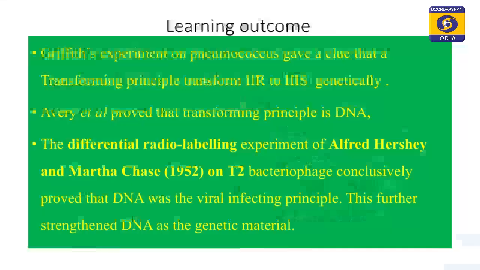So, now Griffith's experiment, let me tell you, Griffith's experiment was a serendipitous or surprising discovery. He did not aim at getting such results, but he found that there is a transforming principle. Something is transformed, a chemical which enters from dead 3S cells to live 2R cells.